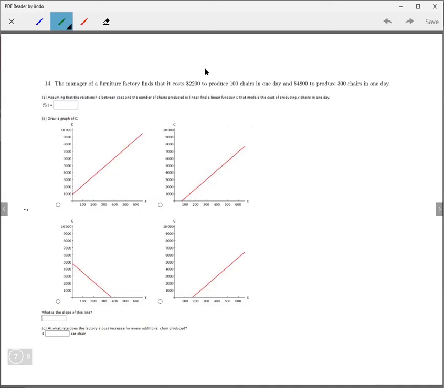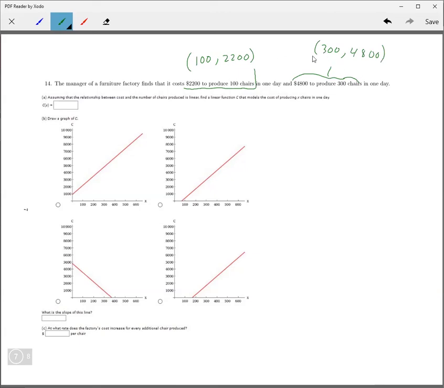So that means that 100 comes first, and then the 2,200. So all of this is 1 point, and all of this is another point, 300, 4,800, and put it in this way.